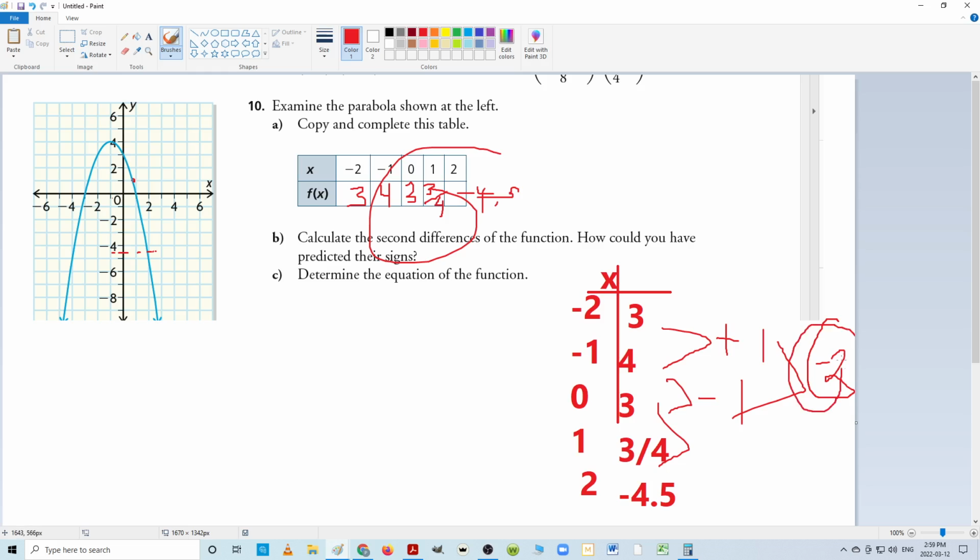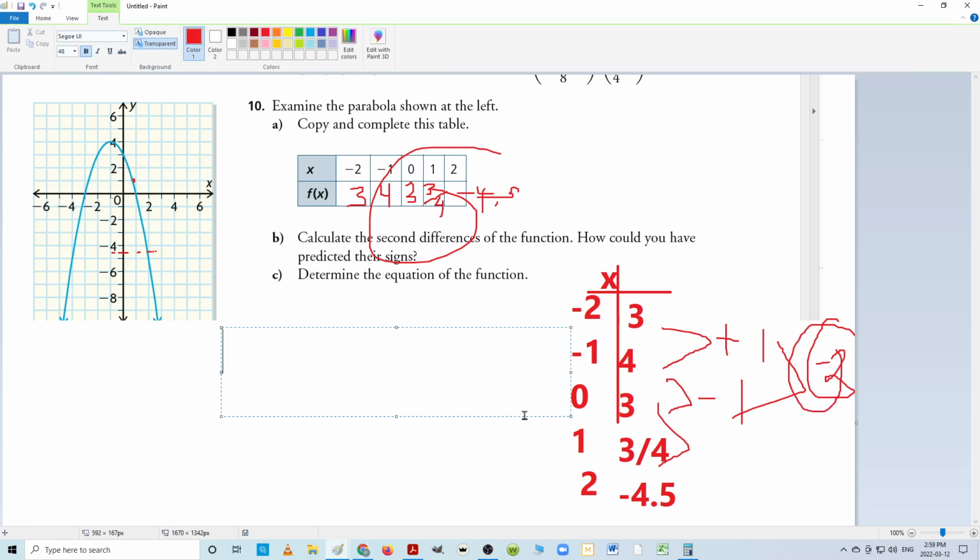So that means it's facing downwards. Because it's negative, I can tell it's going to face downwards. And looking at those numbers, or looking at the graph, it's downward facing, so I knew it was going to be negative.